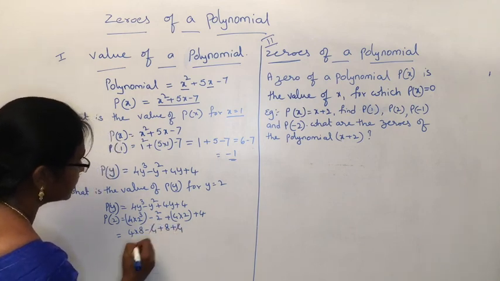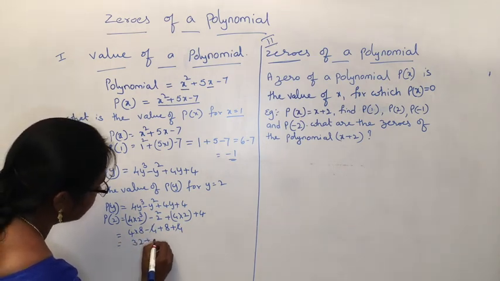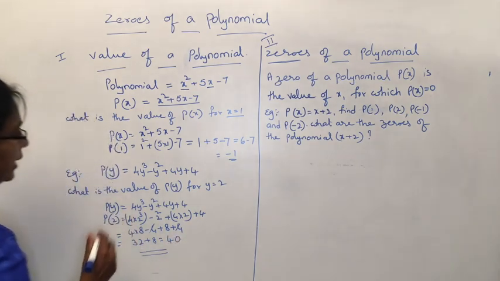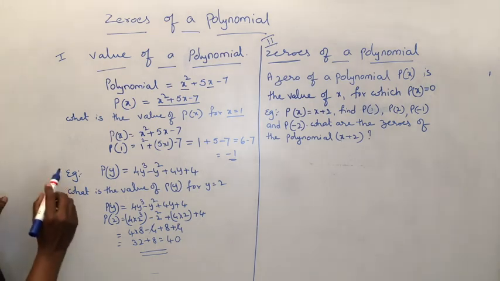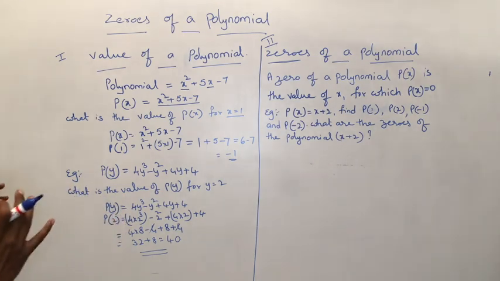Then minus 4 plus 4 will cancel, is equal to 32 plus 8 is equal to 40. This is finding the value of a polynomial. We substitute the given value instead of the variable. That is the value of the polynomial.